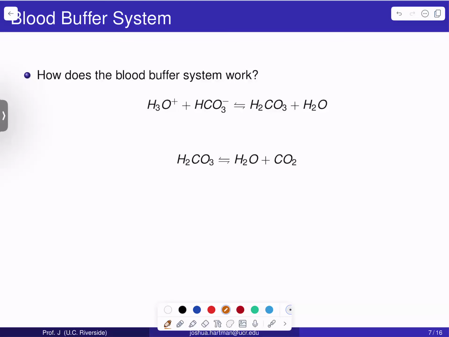I want to take a minute now to explore specifically how this blood buffer system works. Consider the reaction involving the bicarbonate anion, shown here up top, where the bicarbonate anion can function as a base, because remember, this is the conjugate base of carbonic acid. Basically, that base can grab protons and form our weak acid.